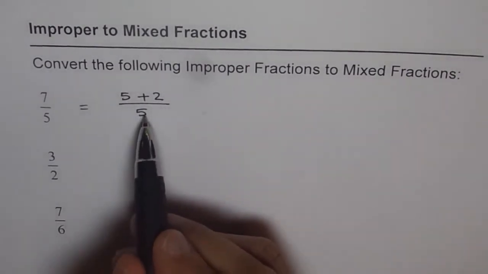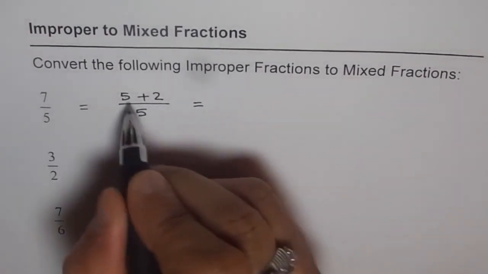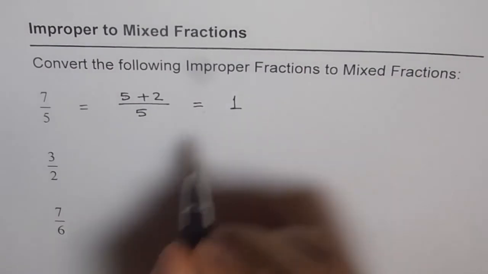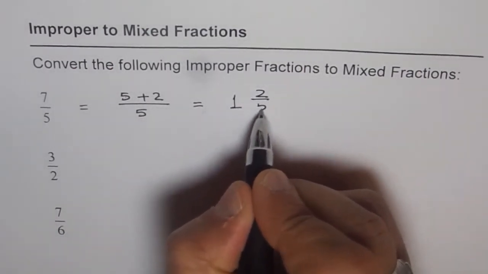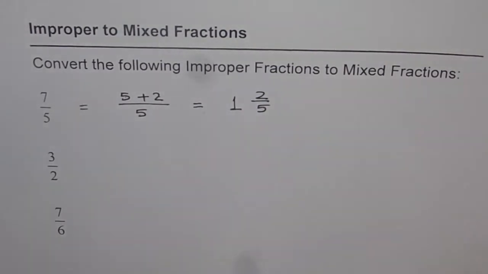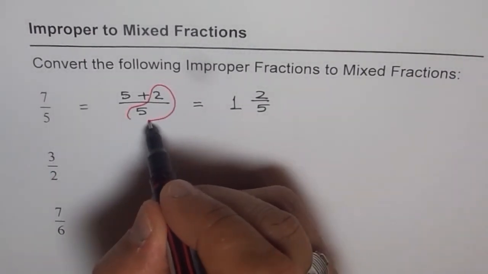So 5 out of 5 is 1 whole, and we are left with 2 over 5. That is what it is. And that is how we write it as a mixed fraction. That is so simple. Did you expect me to give you this answer?